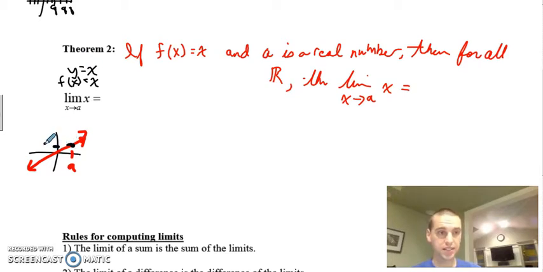Well, if y equals x, that also better be a. And if we said that this was maybe a prime, then this right there better be a prime.